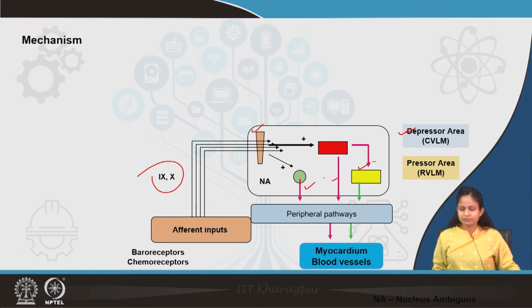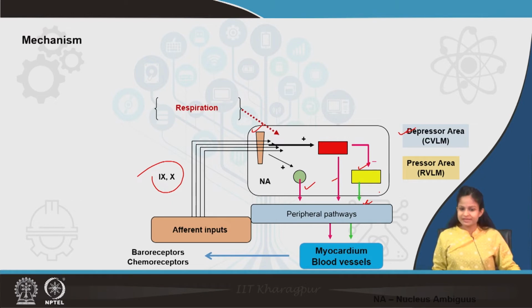And the other peripheral pathways through the sympathetic path, the sympathetic fibers usually come from this pressor or depressor area, and finally they give signals to the myocardium and the blood vessels, whether to go for increased or decreased contractility, vasoconstriction or vasodilatation, increased blood pressure or decreased blood pressure.